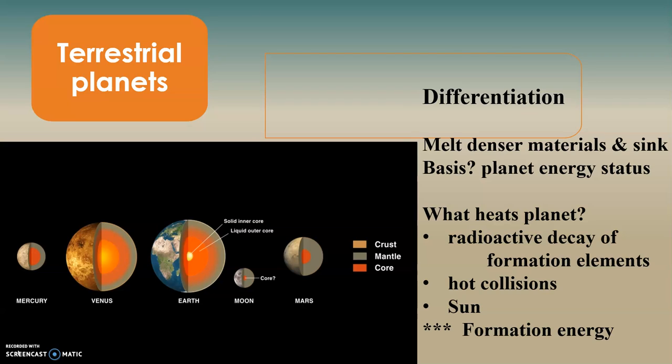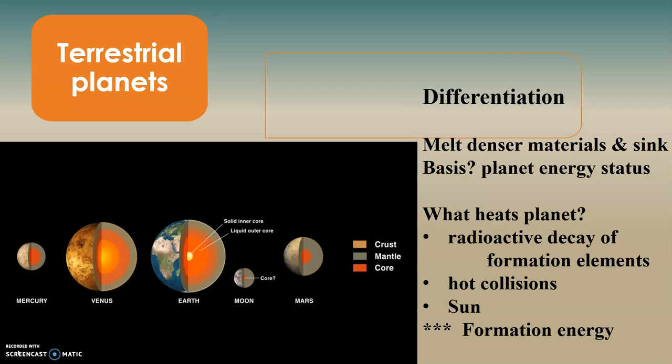So we do have radioactive elements that are still revolving around our galaxy and can be incorporated into these planets that are forming now around our sun. And those radioactive elements can certainly provide heat to a planet.